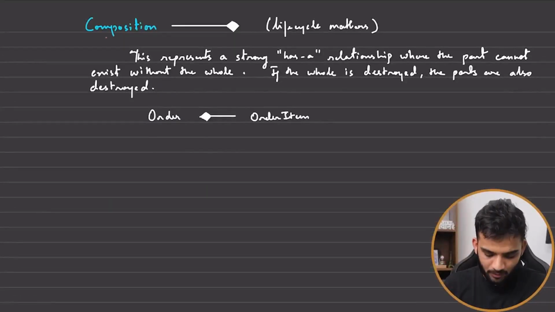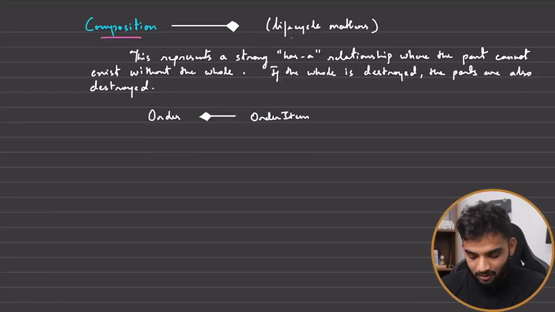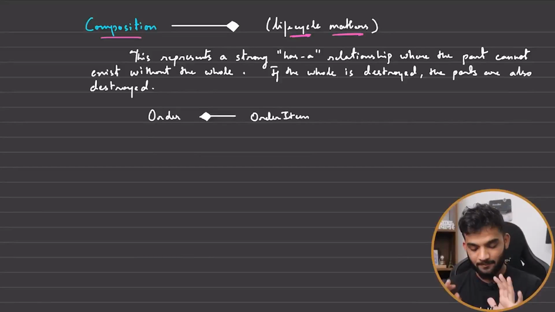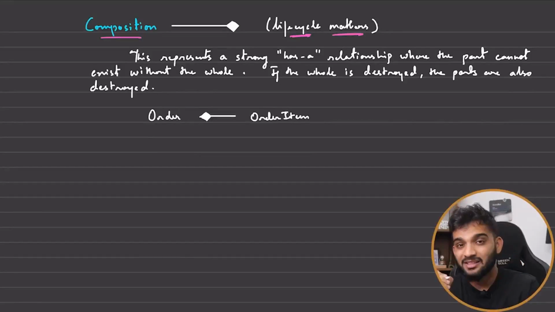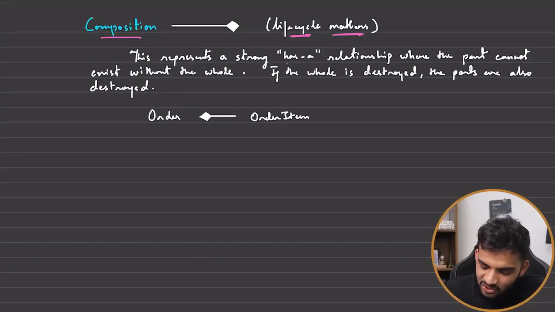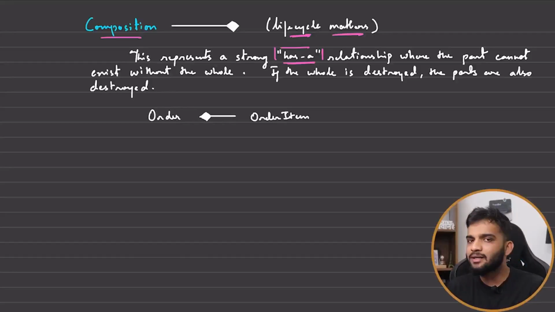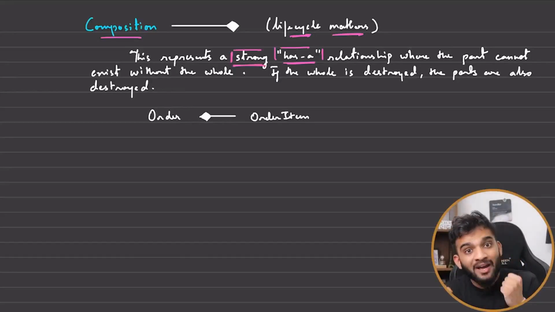Composition relationship. Okay, what is this? Life cycle matters. Over here, the life cycle matters. This represents a very strong has a relationship. It's very similar to the menu item, but it is a very strong has a.